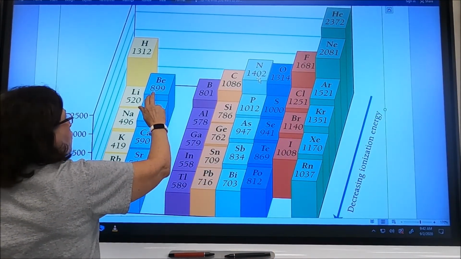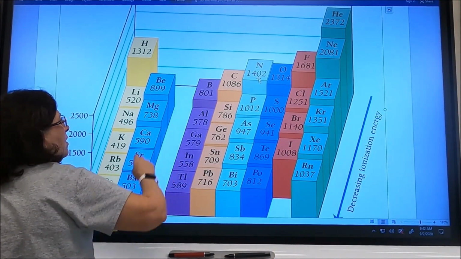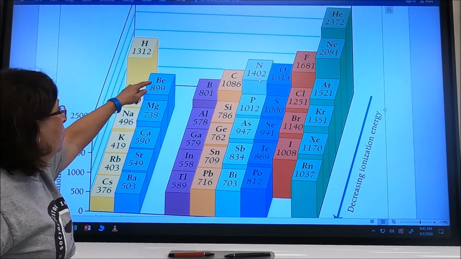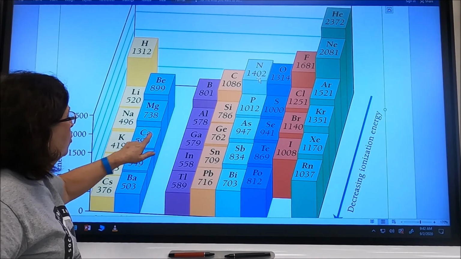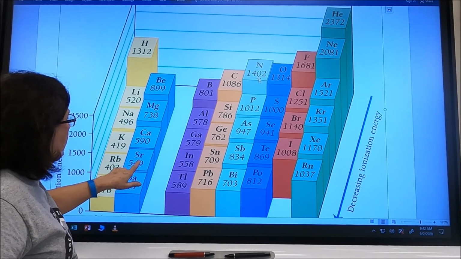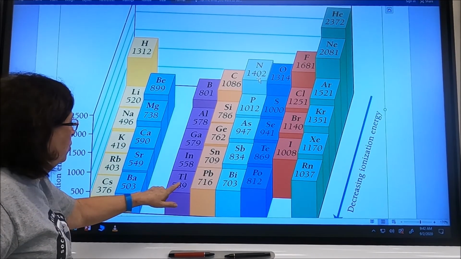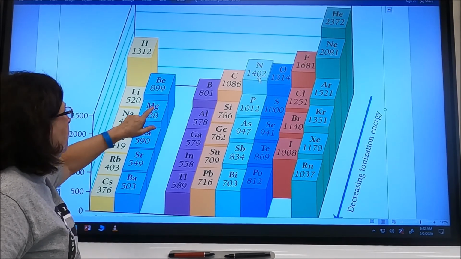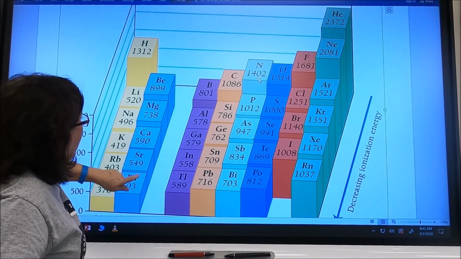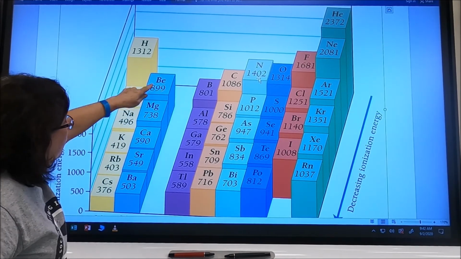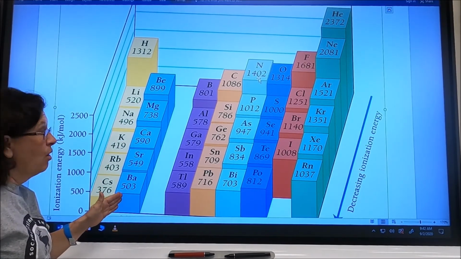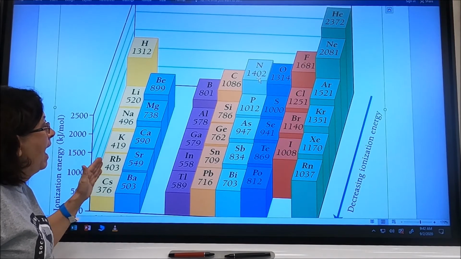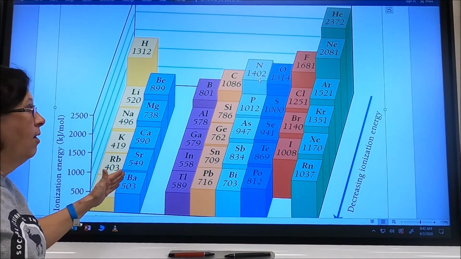Also notice when I go from beryllium to boron, the ionization energy went down. And you'll see it happening as I go from magnesium to aluminum, calcium to gallium, strontium to indium, barium to thallium. That's because the beryllium family has a filled s subshell.